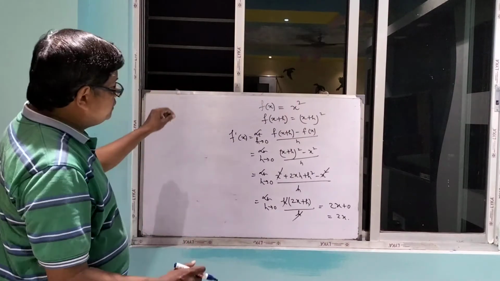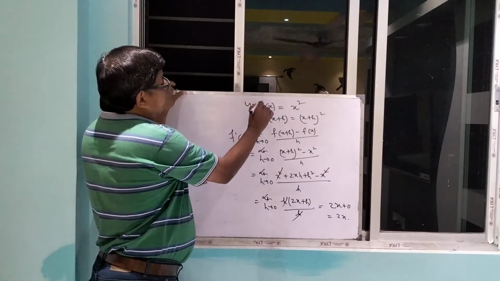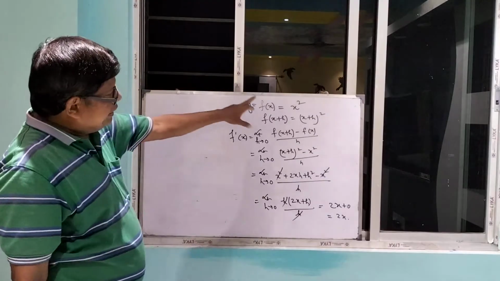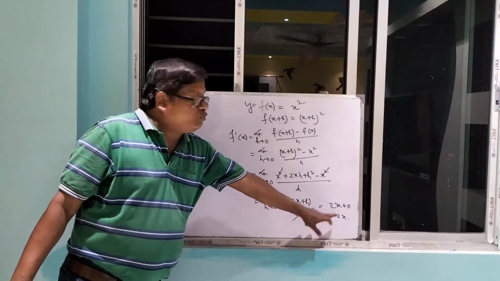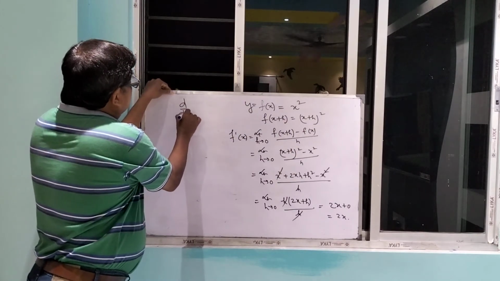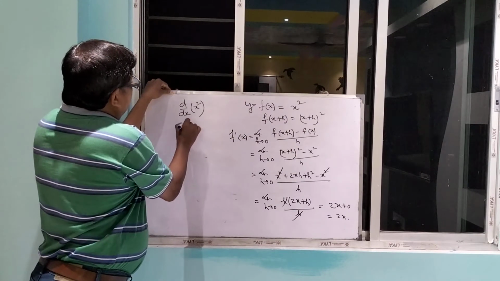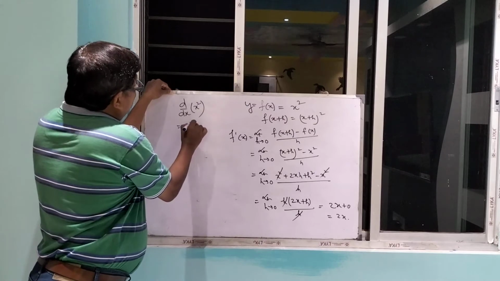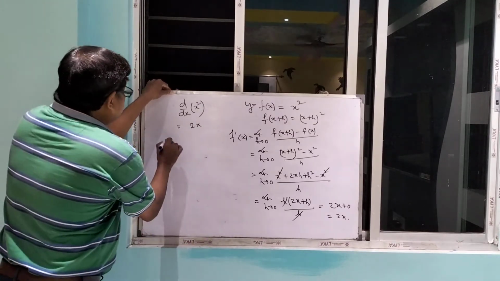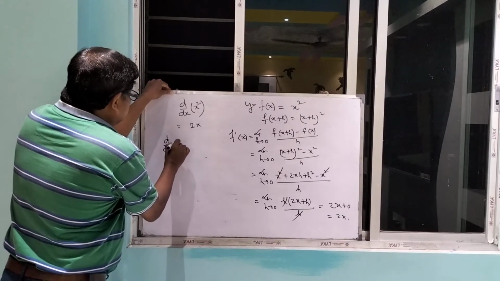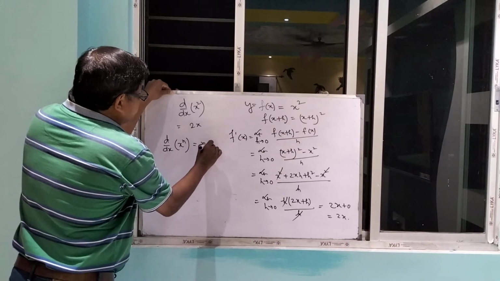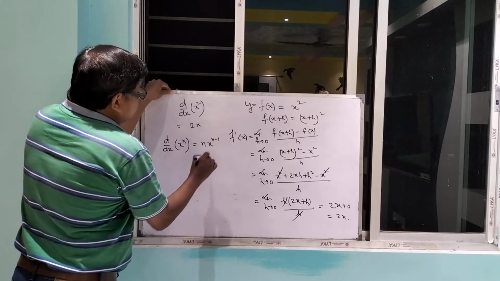Consider y as x square. So dy by dx of x square is twice x. Look at this: d by dx of x square is 2x. The general form is d by dx of x to the power n equals n x to the power n minus 1.